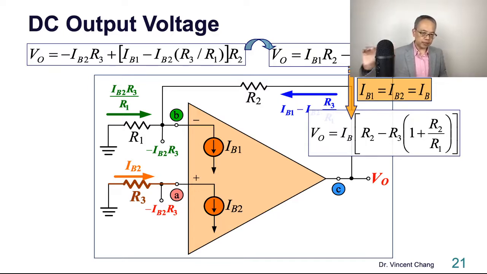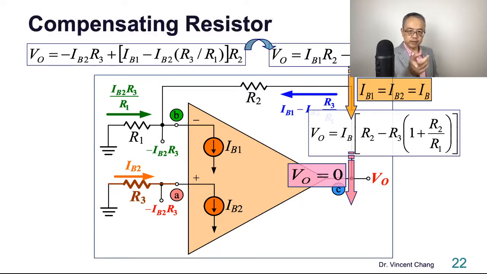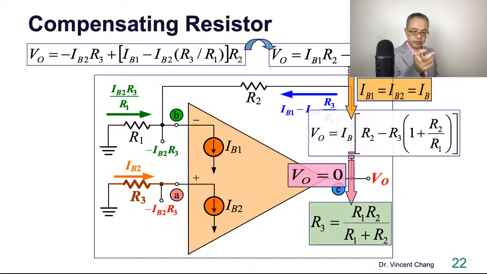Then if someone asks you how to choose a proper value for achieving the best outcome, the best outcome is that we don't want to see the output DC offset. So we let VO be 0, and then you get this.